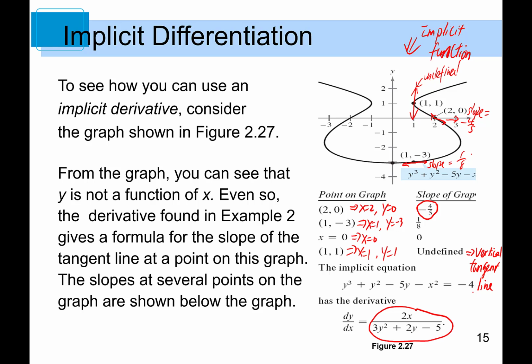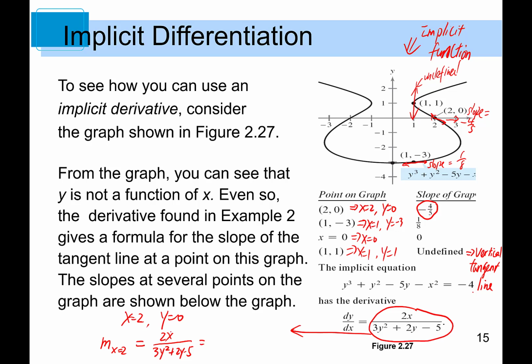Okay, maybe let me just do one of these to show you. Let me do the first one, right? x equals 2, y equals 0. So we're going to plug into this equation. The slope of the tangent line at x equals 2 equals 2x over 3y squared plus 2y minus 5.